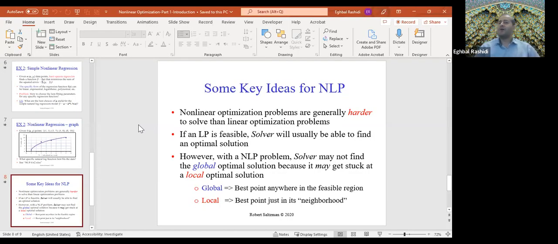So as I said, generally nonlinear programming problems, the NLPs, are harder to solve. And the other thing is that unlike linear programming, we are not sure whether we have the optimal solution or not. And that's a challenge. There are certain scenarios that we can be sure, but not always.